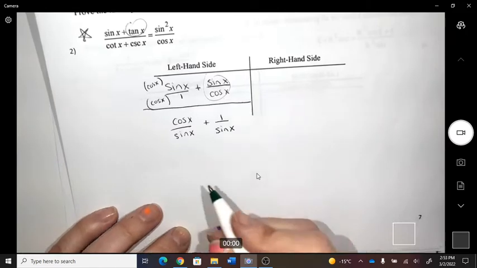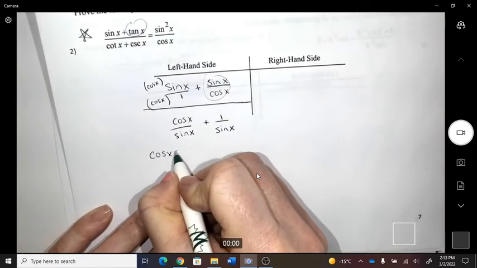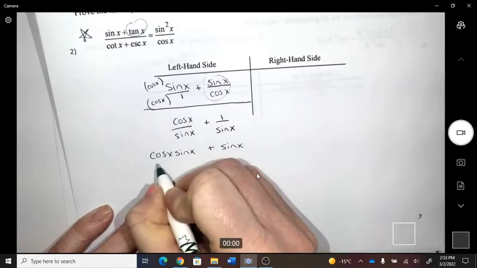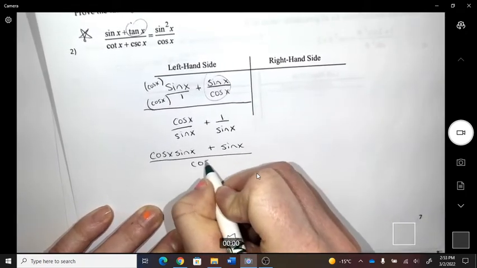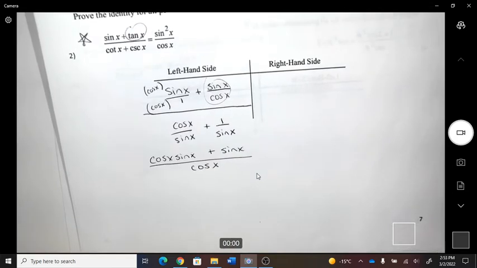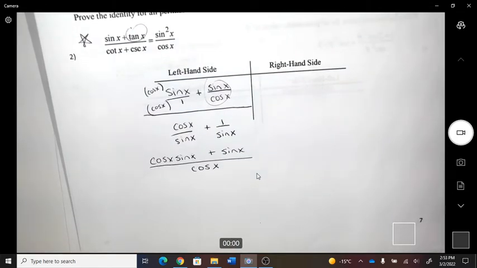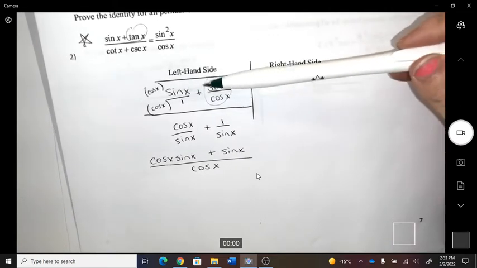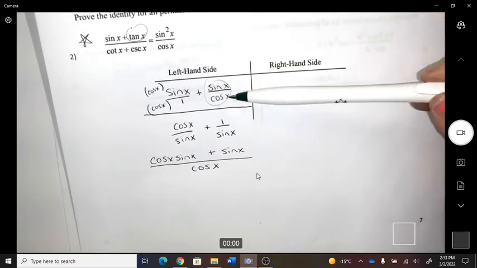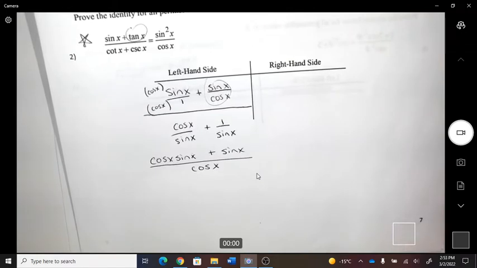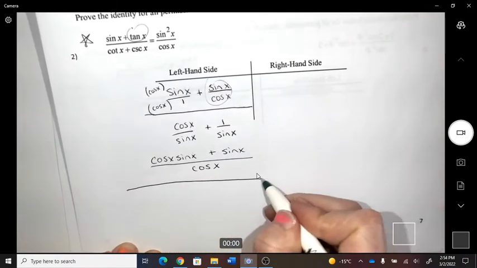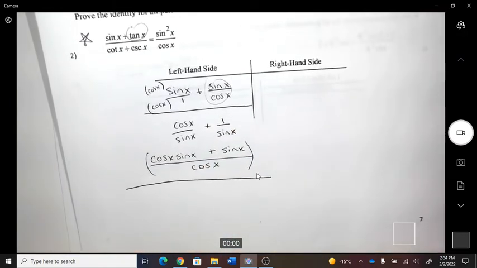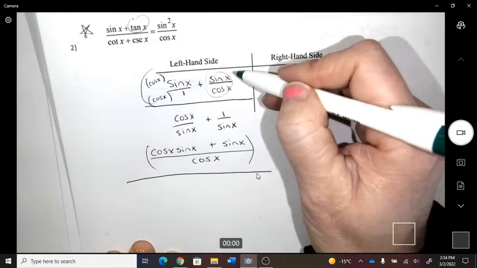So this will look like this: cos x sine x plus sine x, all over cos x. That's just the top part. You see it? Cos x sine x plus the sine x. And then the bottom is now just cos x. That was just the top.